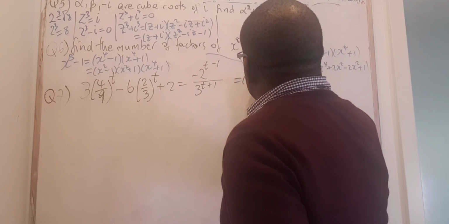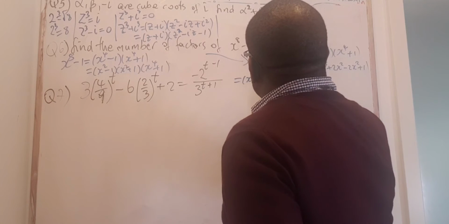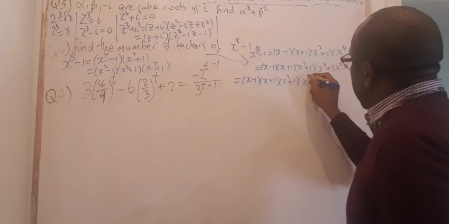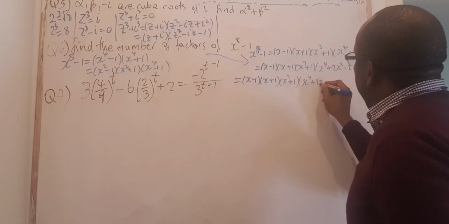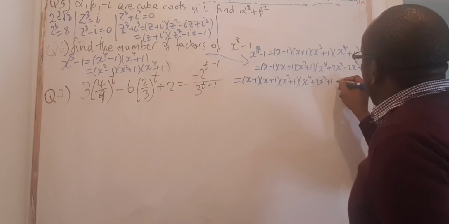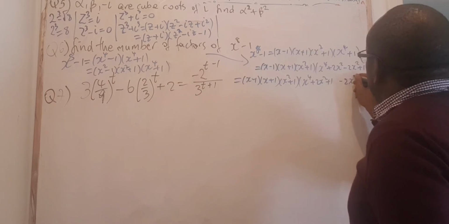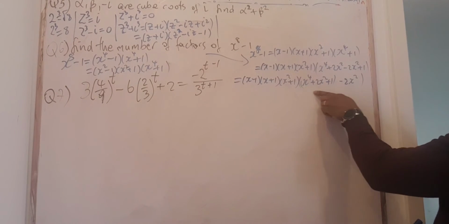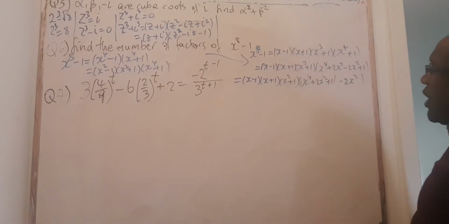Then I get x minus 1, x plus 1, x squared plus 1. I'll write this as x to the power 4 plus 2x squared plus 1, minus 2x squared. If you check this, this can be factorized. This is x squared plus 1, all that squared.